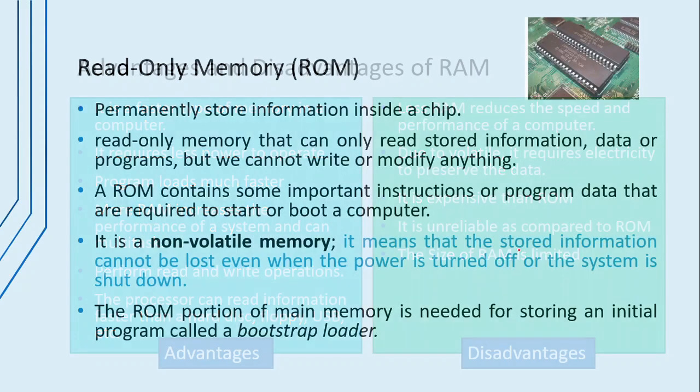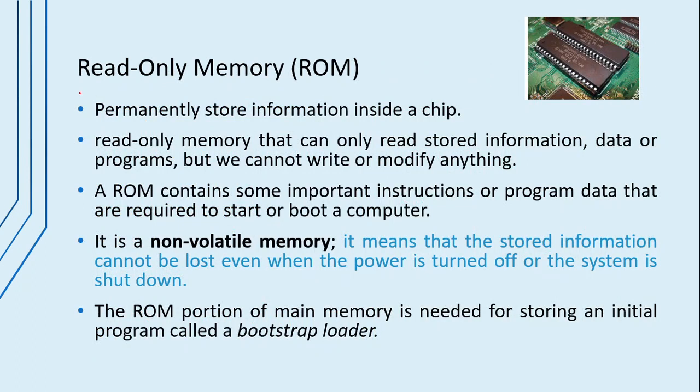Now we will see the concept of ROM. ROM stands for read-only memory. It permanently stores the information inside the chip. Once you store your data in ROM, you cannot delete it. That's why it's known as read-only memory. ROM contains some important instructions or programs that are required to start or boot a computer.